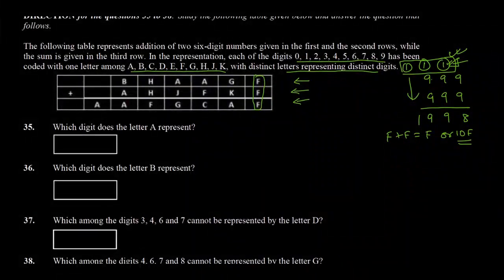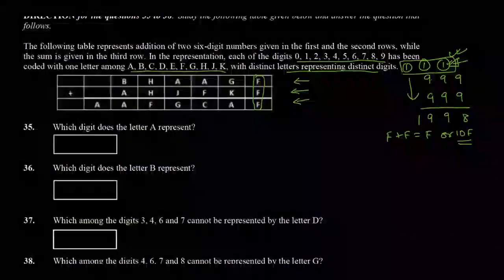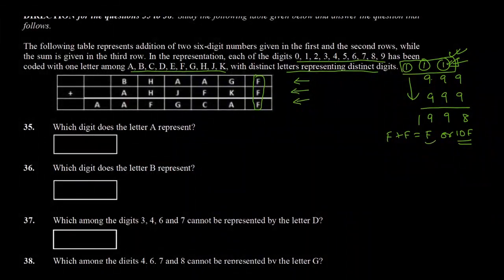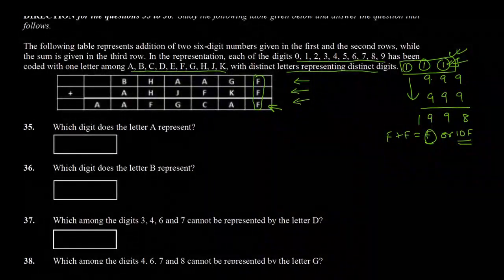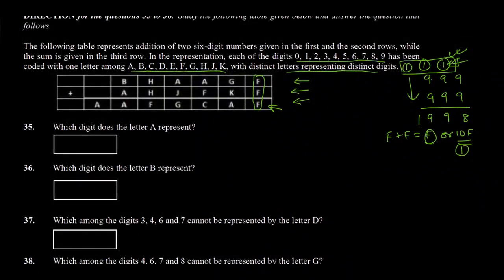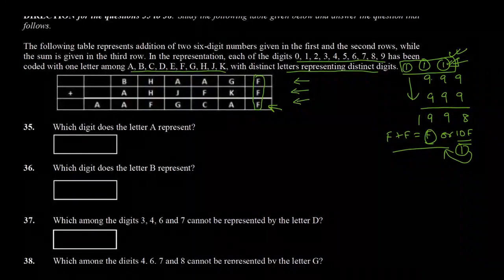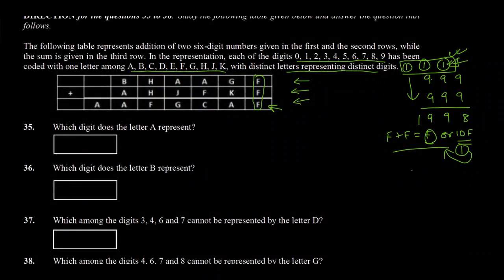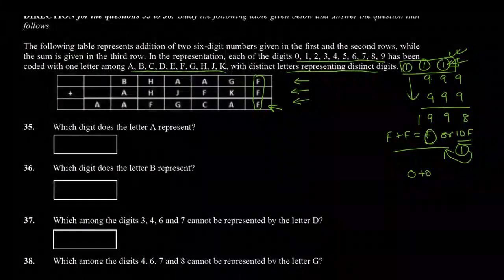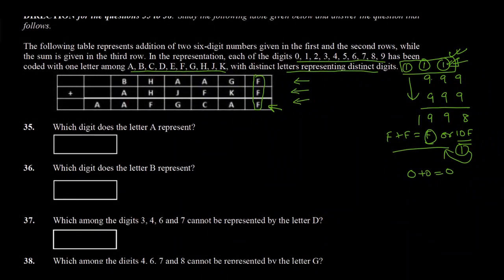Why 10F? Because if we have 10F, then F will come here and 1 will get carried over. So let's see what numbers are possible here. 0 plus 0 is equal to 0.